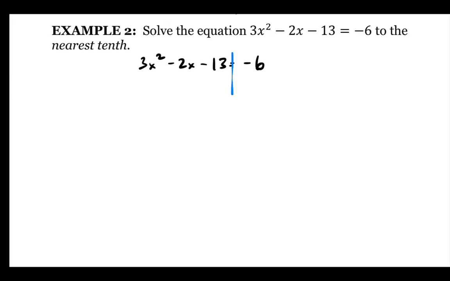Not in standard form yet, right? So I got to add 6 to both sides. -13 plus 6, -7. Move everything down.